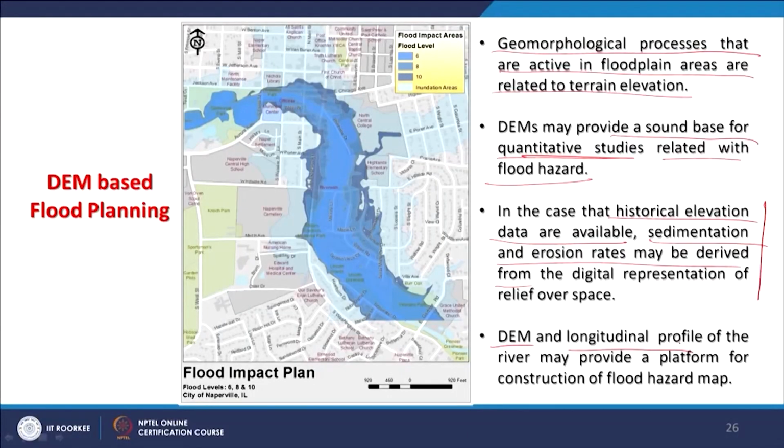Further, to validate all that modeling, you can also employ old satellite images from the time when these digital elevation models were prepared, and current satellite images. The DEM longitudinal profile and topographic profile can also be employed, and then a flood hazard map, which is nothing but a predicted map of flooding in an area, can be prepared.